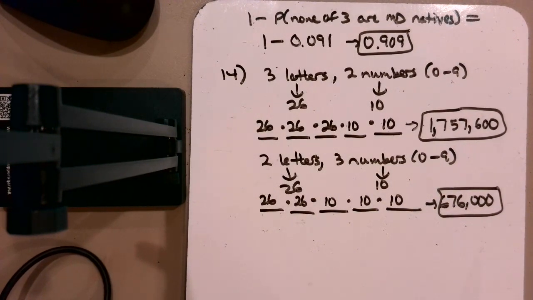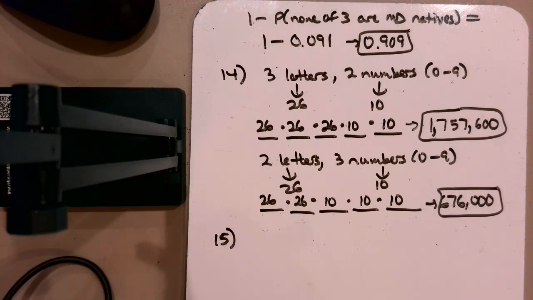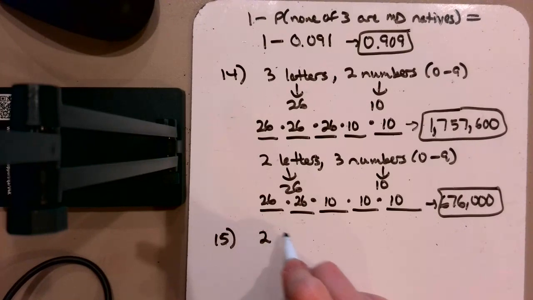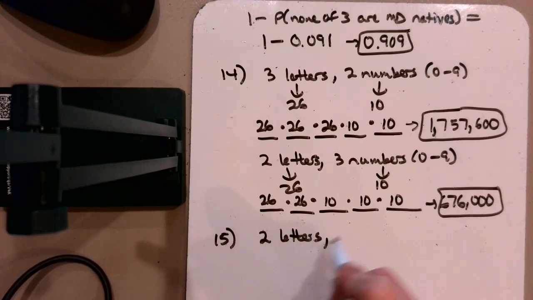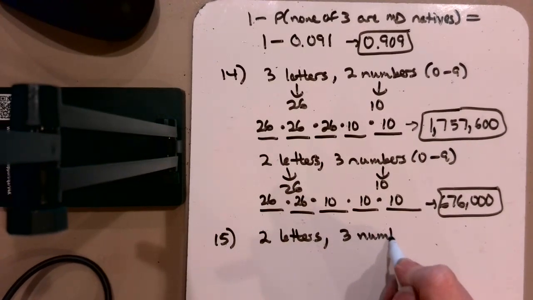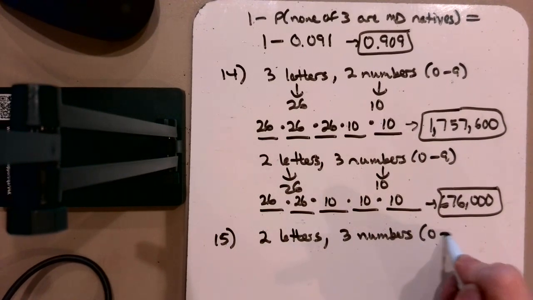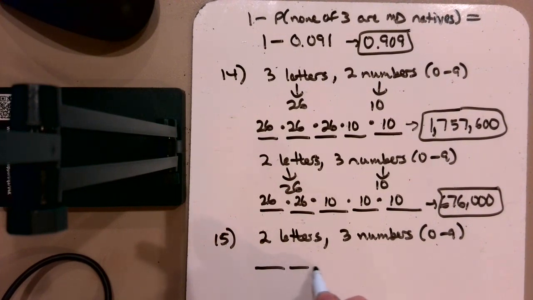The other version, that's 14, going to 15. 15 says a computer password consists of 2 letters followed by 3 numbers, lowercase letters. Repeats are not allowed. So 2 letters followed by 3 numbers from 0 to 9, no repeats.